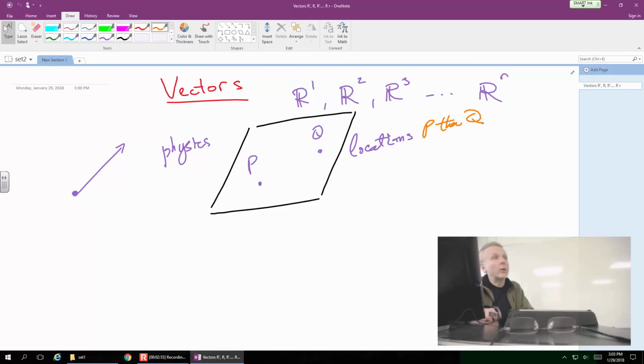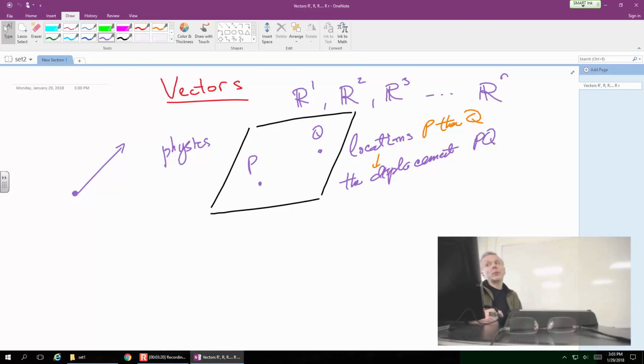So these are 2 locations, P, then Q. The order of things matters, and then you move on from the locations to the displacement, which is denoted as PQ. Remember this from high school, maybe? Plotting points to begin with.